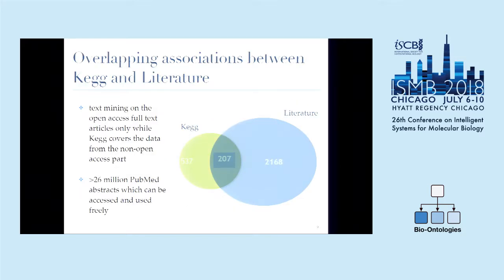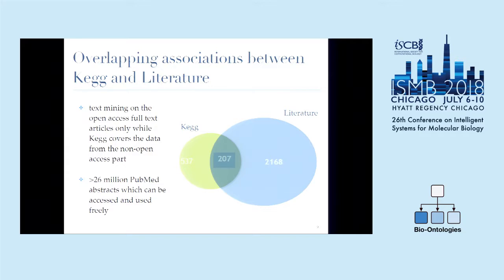There is a reference resource on pathogen disease associations, and this is KEC. It contains around 740 pathogen disease associations, and we documented the overlaps with our extracts. As you can see, there's a big discrepancy, and the overlap is very low, around 28%.